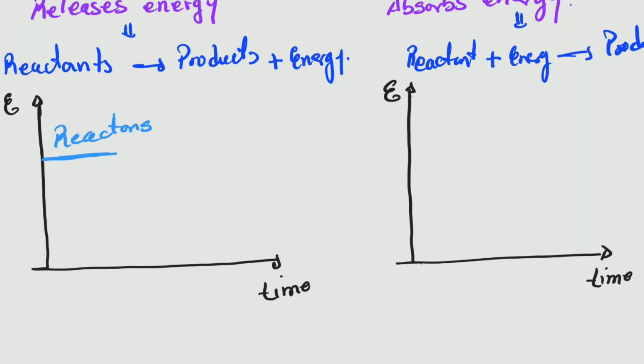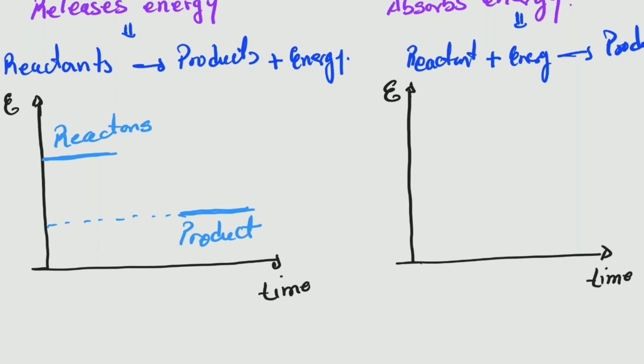This reaction is giving energy away, so it's going to lose energy. At the end, the product will have some energy which is less than the energy of the reactant. These are the product. But again, I mean the energy of the product here.